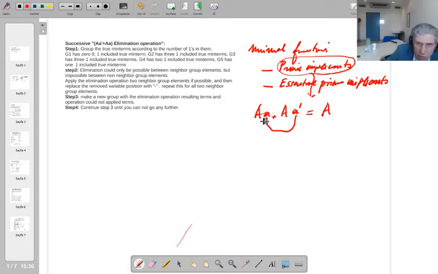That means this represents an AND gate, this represents another AND gate. So if you've got two product terms like that, we are going to use only one AND gate, not two, but just one. And one variable is going to disappear.